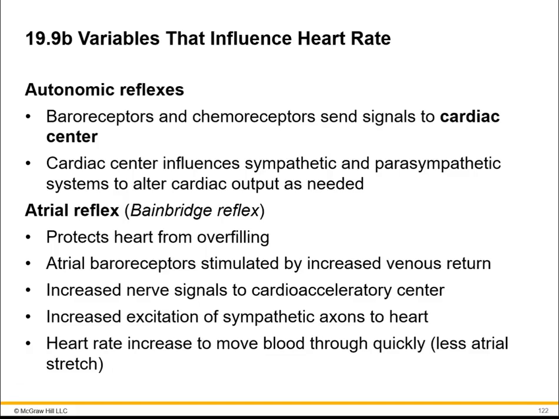And when they stretch, those baroreceptors are stimulated, and this increases nerve signals to the cardioacceleratory center. This excites sympathetic neurons, and the sympathetic neurons excite the heart. The heart rate then increases, and this helps move blood through the system more quickly so that there's less atrial stretch.